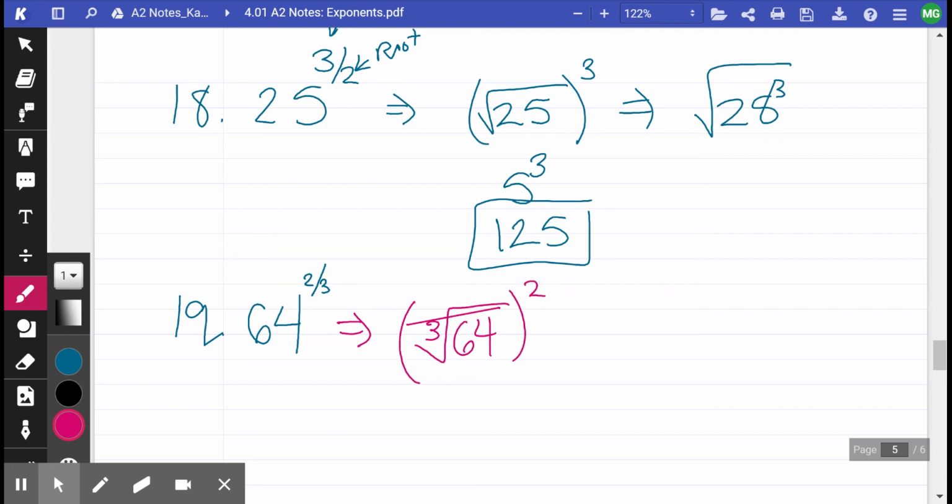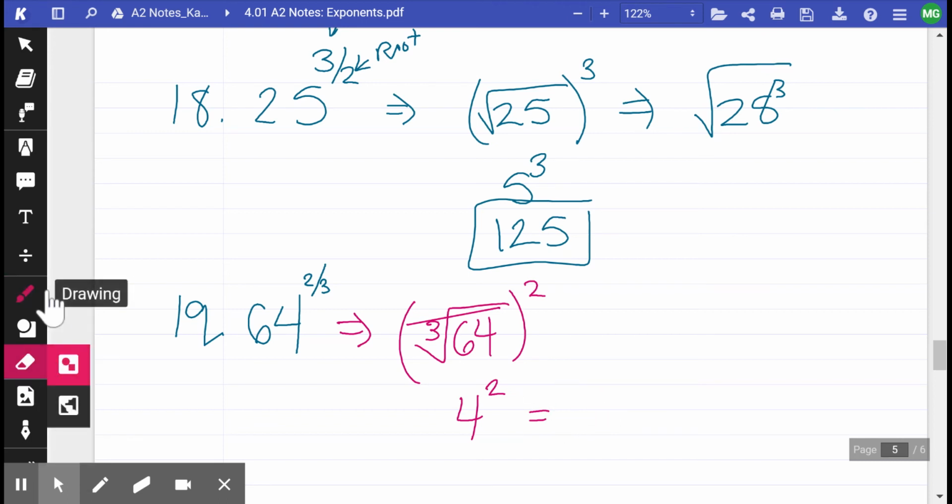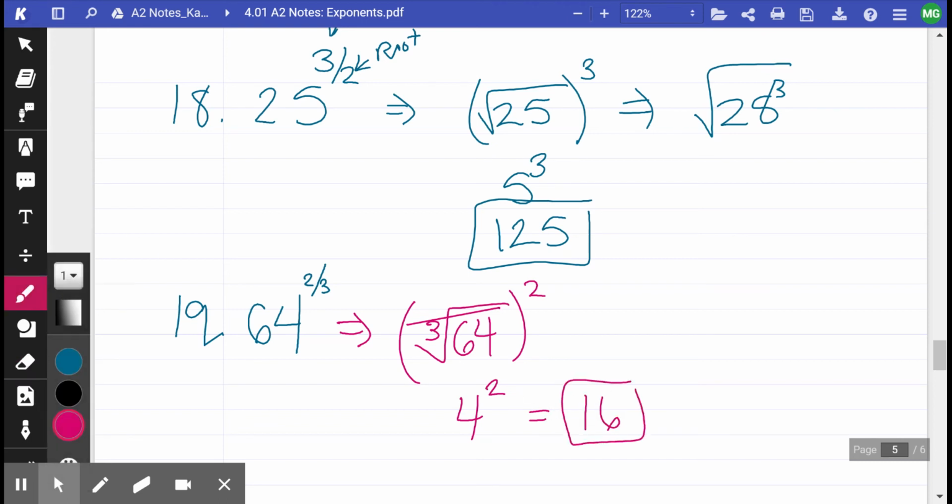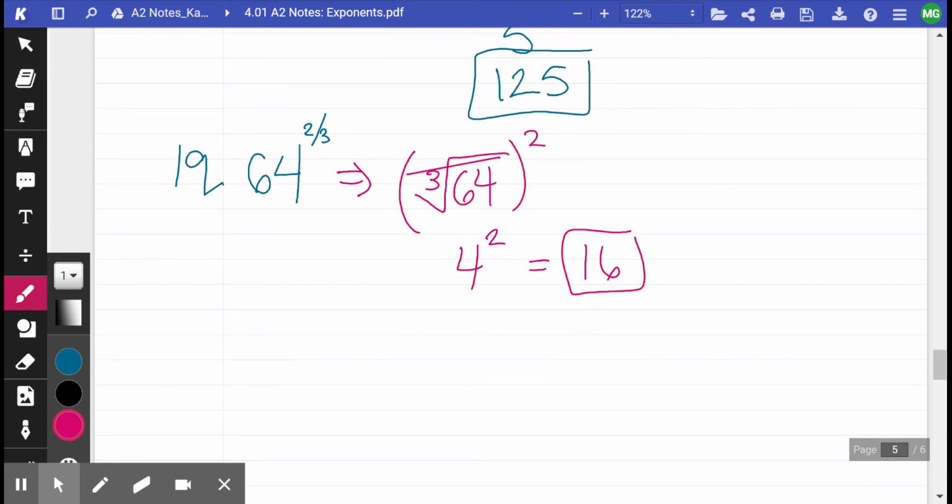So again, you could do 64 raised to the 1/3 power to get that, or you can go to the math menu on your calculator and do the cube root of 64, which should give you 4 squared, 16. And if you typed in 64 raised to the 2/3, it would give you 16. So it's a good thing to use your calculator to check. But again, I want to see the work so I know you know how to set these up as well.